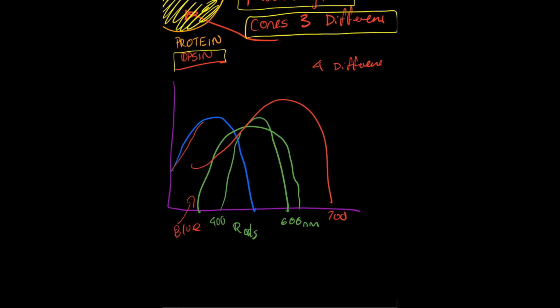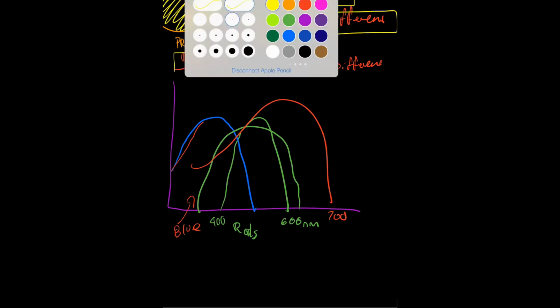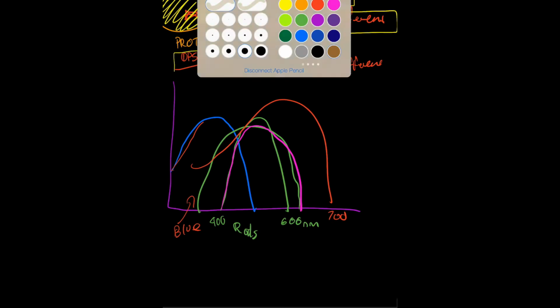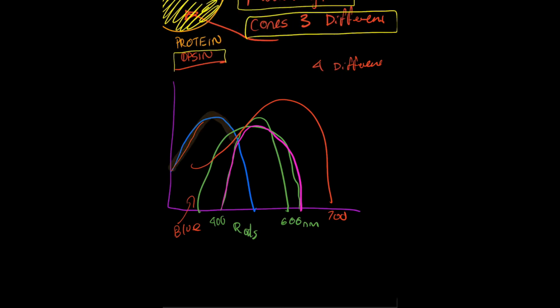And what does this look like? I'll change the color here to make it a little clearer, but each of these will have a different range. Cones will be able to detect in this range here.